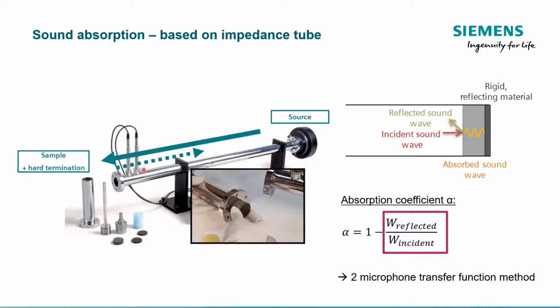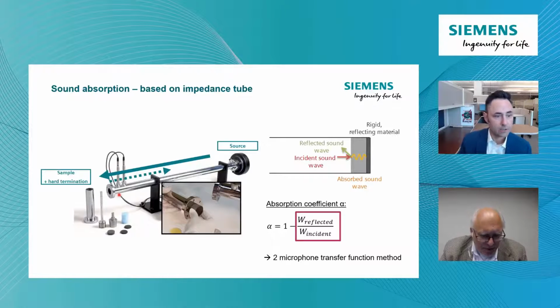We're using this tube to trap all the sound energy inside, so no sound energy can get out and there's no transmission loss. It's all either incident, reflected, or absorbed. By measuring the incident and the reflected, we can calculate how much sound energy is absorbed by our material. So we put a small material sample in, like one of those little circles there.